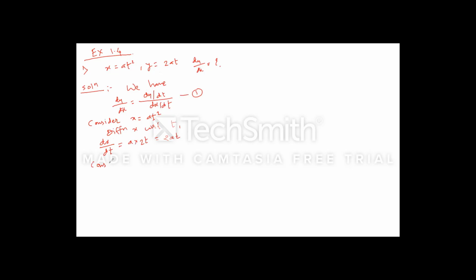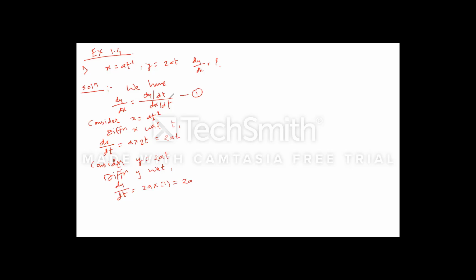Now consider y. What is y? 2at. Now again we differentiate, differentiating y with respect to t. dy by dt equals 2a, a constant, times the derivative of t, which is 1, that is 2a.